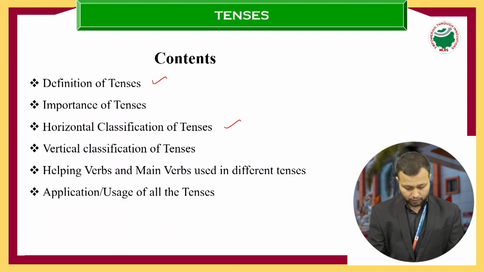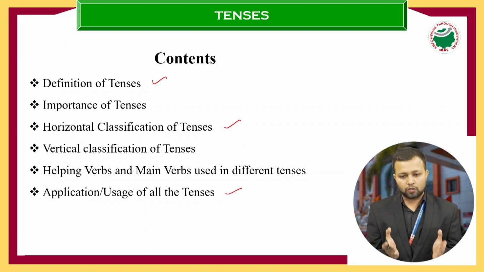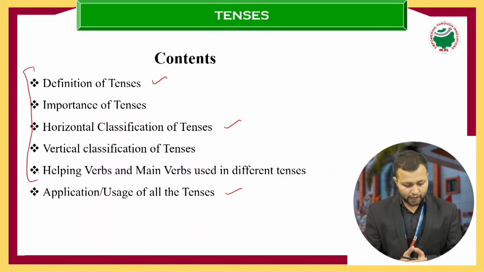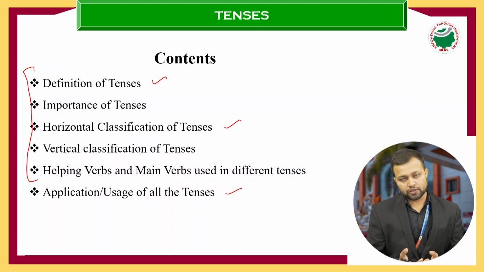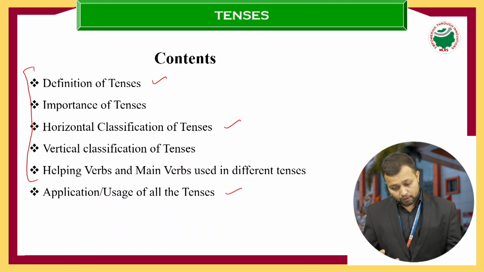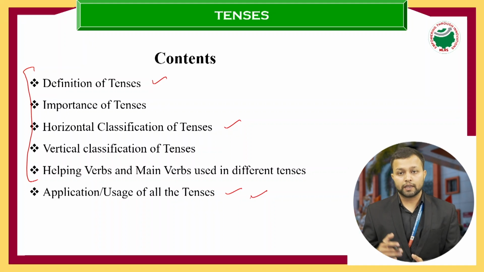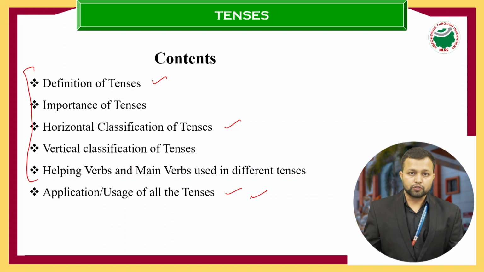At last, we'll move on to the application or uses of the tenses in sentences or in our day-to-day life, in which situation we'll use which tense. In this session, we'll focus on the first five aspects: definition, importance, horizontal and vertical classification of tenses, and helping verbs and main verbs of different tenses. The last aspect, application or uses of all the tenses, we'll cover in our next session.